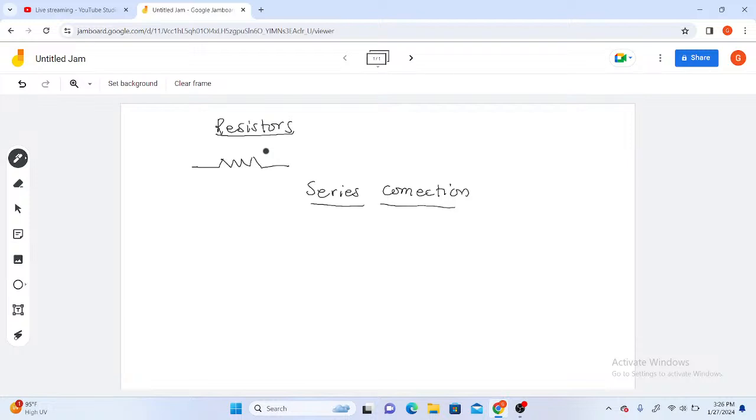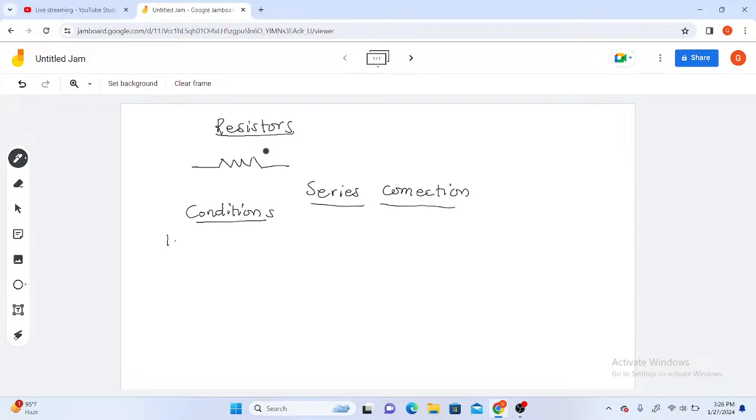So now, when we say two resistors are in series, first of all, we have some conditions two resistors must satisfy for us to say they are in series.